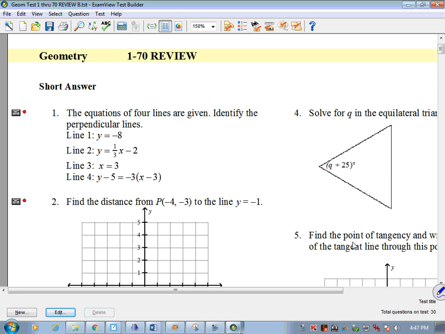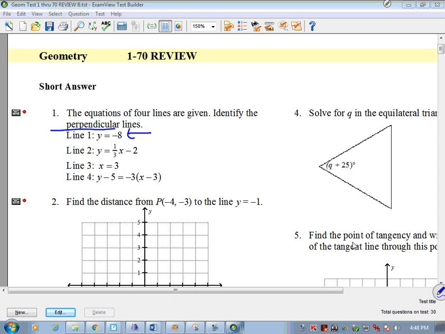Question number 1. Equations of 4 lines are given. Identify the perpendicular lines. Perpendicular lines tells me that their slopes are going to be opposite reciprocals. So I'm going to be looking to put things into slope-intercept form if need be, but I'm looking at things with opposite reciprocal slopes.